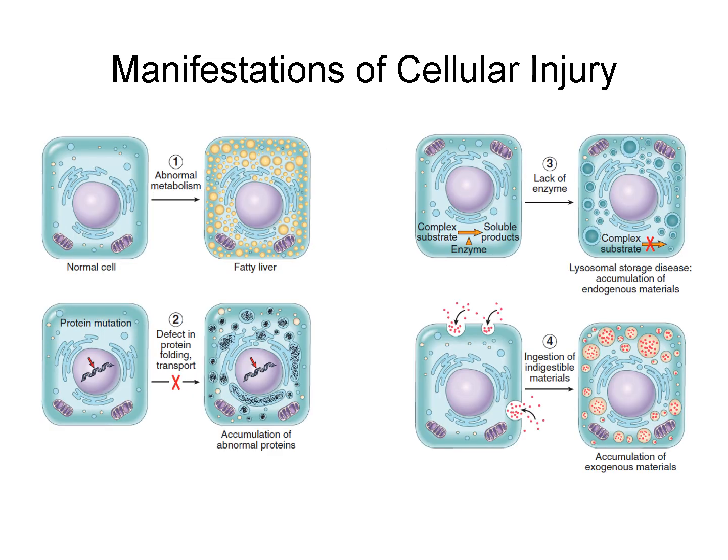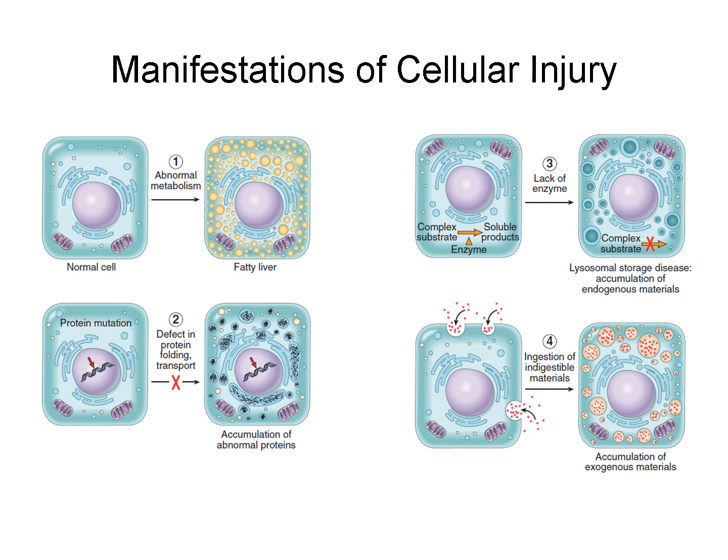This diagram visually explains how different mechanisms lead to cellular accumulations. Abnormal metabolism can result in the buildup of substances like fat in the liver. A lack of specific enzymes, as seen in lysosomal storage diseases, prevents the breakdown of complex molecules, leading to their accumulation.